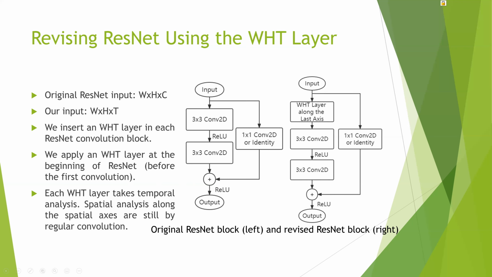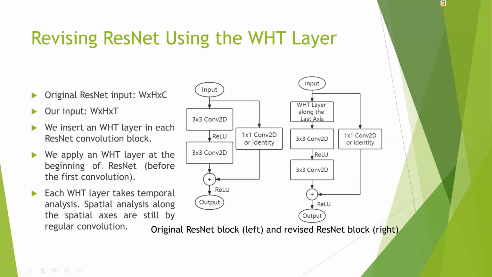We insert a Walsh Hadamard transform layer in each ResNet convolution block like this. We also apply a Walsh Hadamard transform layer at the beginning of the ResNet. Because the ResNet starts with one regular convolution, and then it is followed by many convolution blocks.